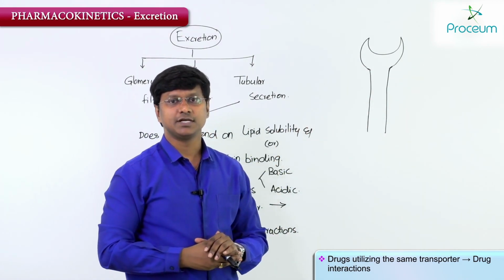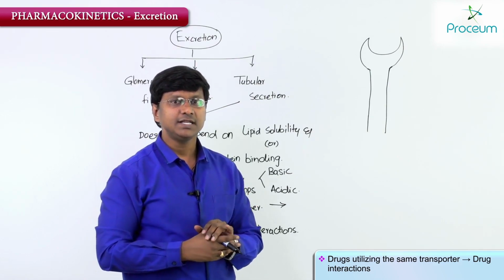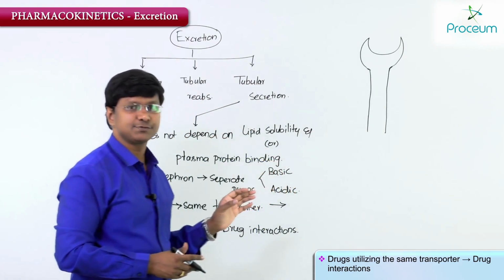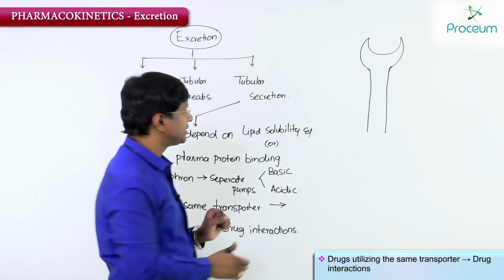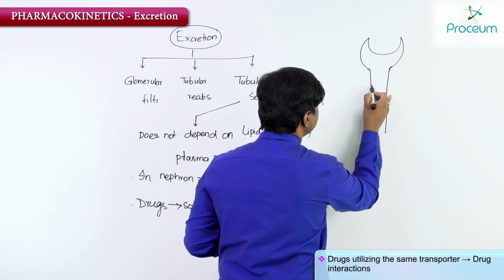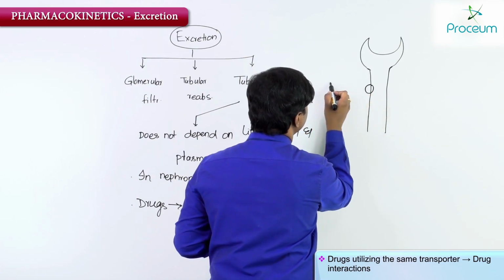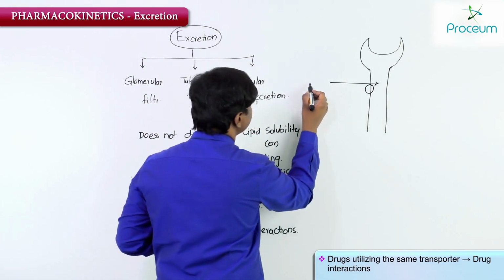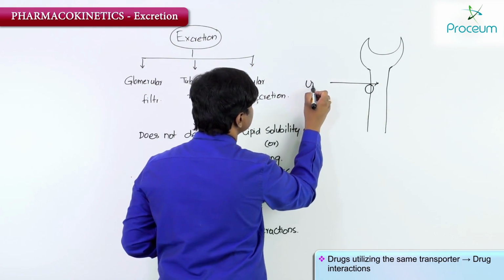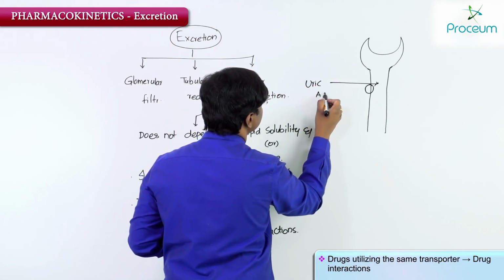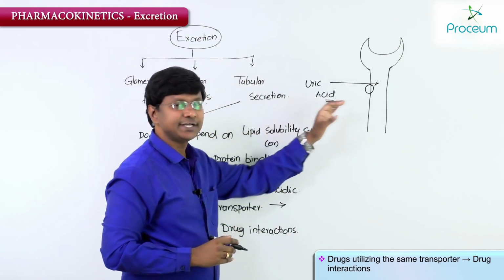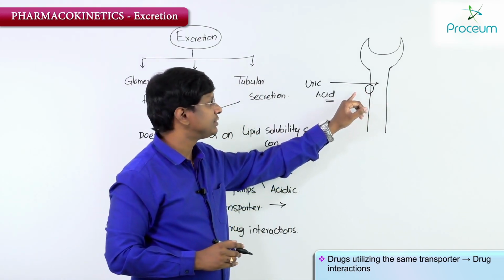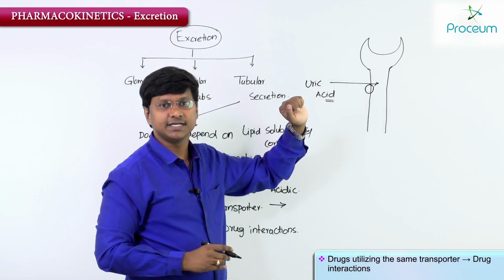In the proximal convoluted tubule, we have a transporter for the uric acid. This particular transporter will increase the secretion of the uric acid; that is the function of this transporter.